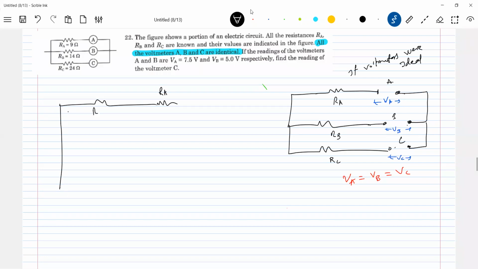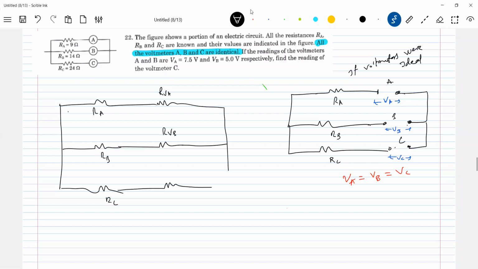It is RVA, RVB, and this is RVC. We have the information of these: 9 ohm, 14 ohm, and this is 24 ohm.